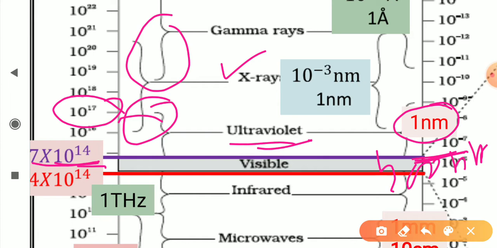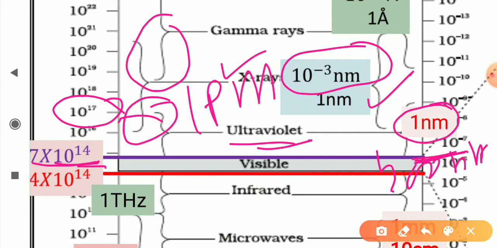So let us talk about X-rays. X-rays vary from 1 nanometer to 10 raised to the power minus 3 nanometer. So that is your picometer. So I can say 1 nanometer to 1 picometer. That will be easy to remember. And the frequency range is 10 raised to the power 17 hertz up to 10 raised to the power 20 hertz.